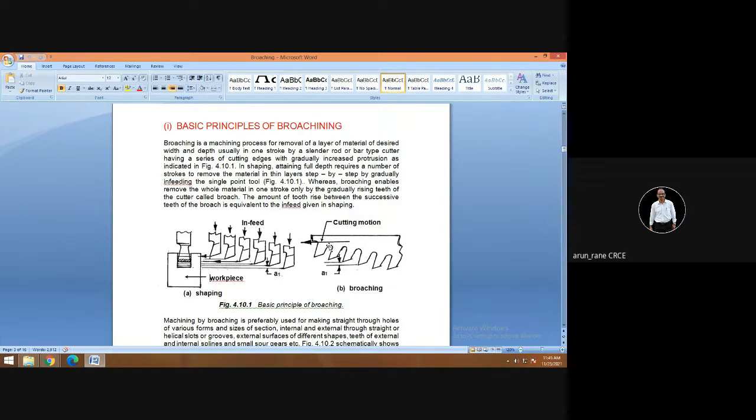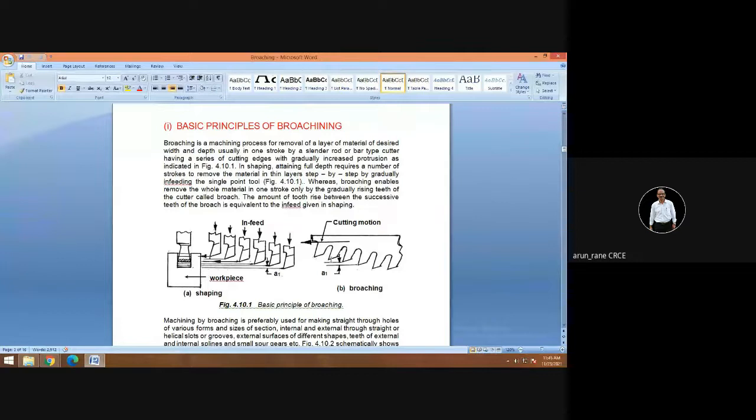It is like a hacksaw blade only, but look at these teeth. The teeth are progressively increasing, and this is what is called the rise per teeth. So the rise is in the range of 0.05 millimeter. So initial cut, like say you have drilled a hole of say 19.7. If you want to finish a 20 dia, so the first cut, the diameter of this teeth will be 19.7.